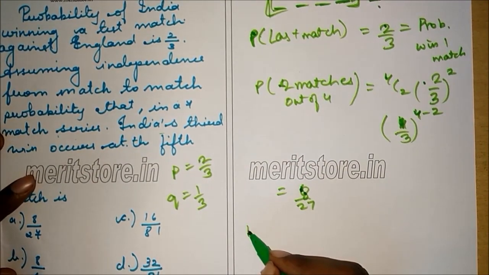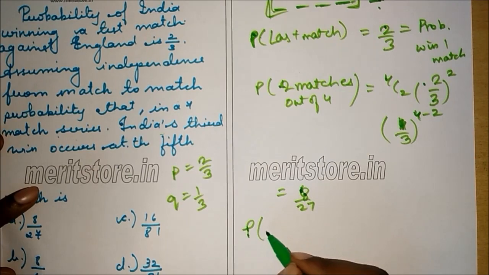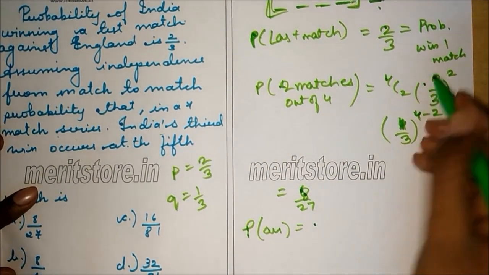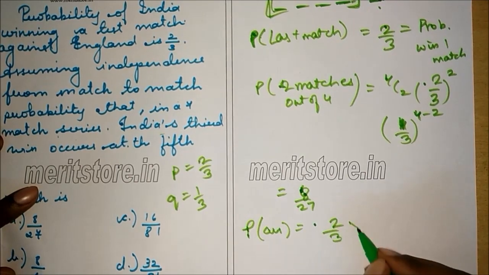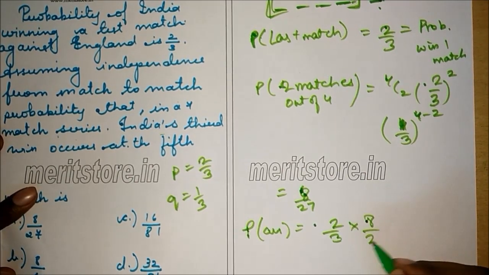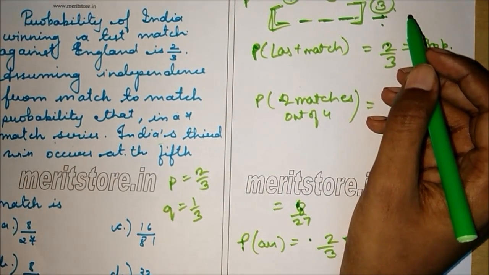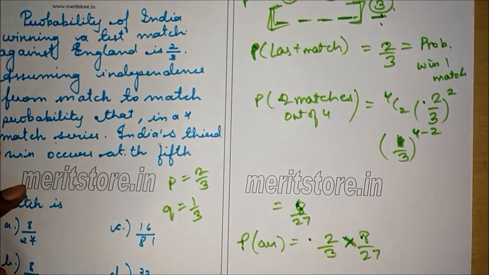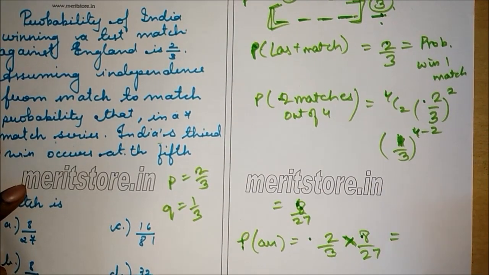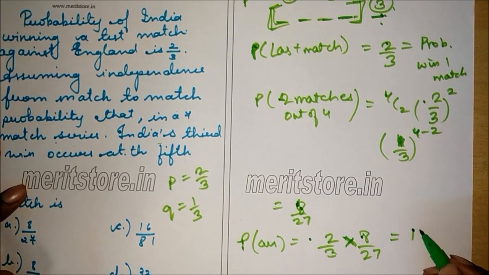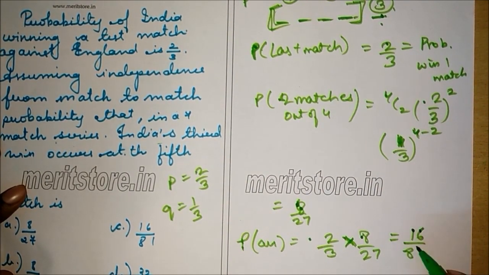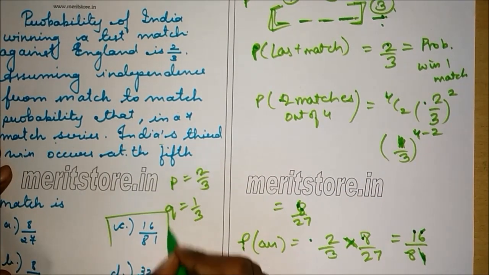So the probability what we want is 2 by 3 into 8 by 27. We multiplied since this sequence will be occurring simultaneously. So this will be 16 by 81, which is option C.